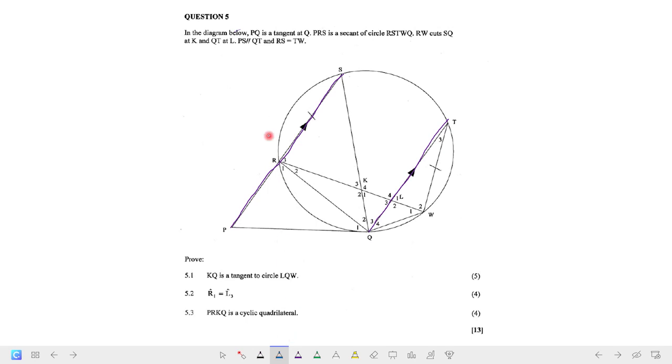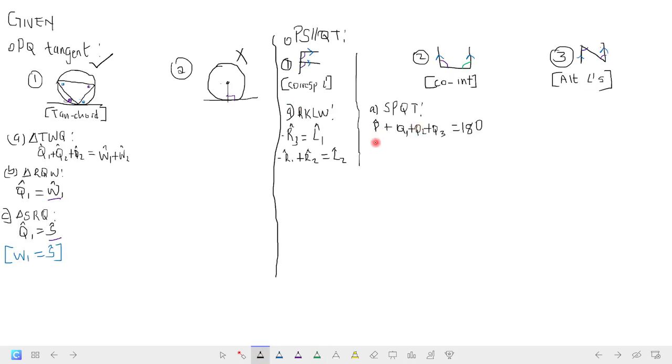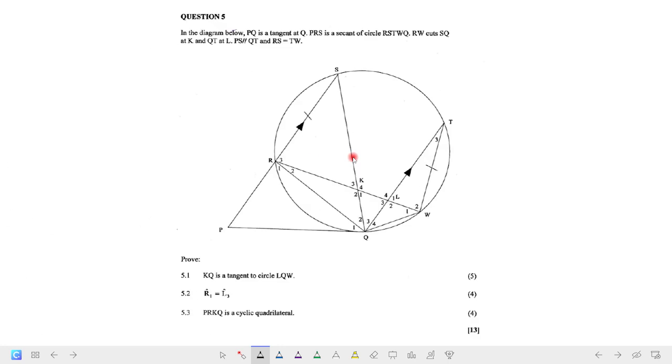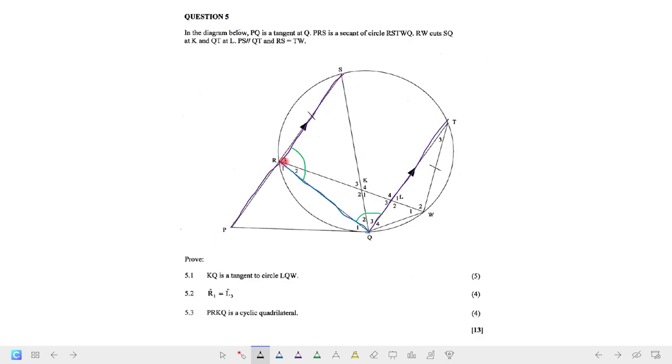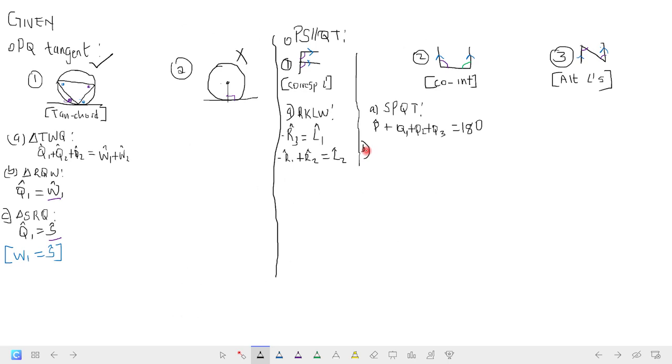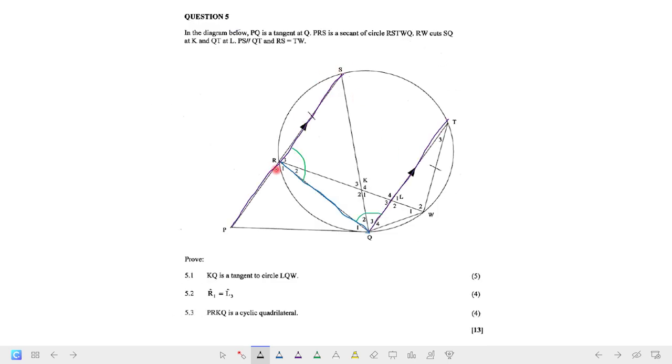So this is another line. So in this line I can see that this part R2 plus R3, if you're adding with Q2 plus Q3, you're going to get 180. So which line are we talking about now?